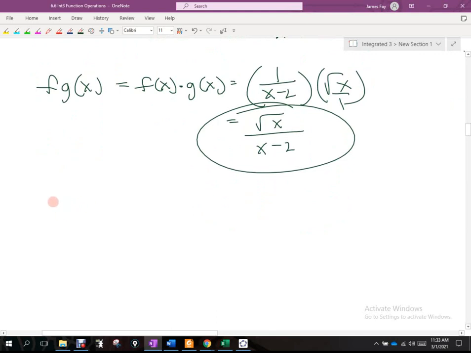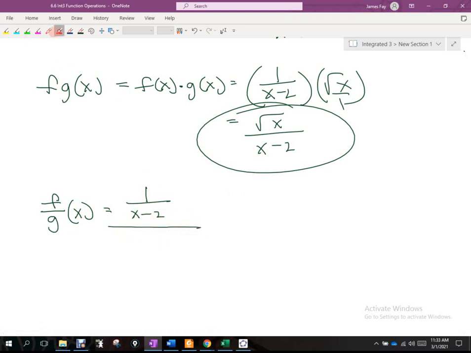The last one is a little bit trickier, like f divided by g. Okay, what we do here, we take our function 1 over x minus 2, and we're going to divide it by g, which was radical x. Now, the domain is still the same exact thing as before, but we have to make sure, because we're doing division now.